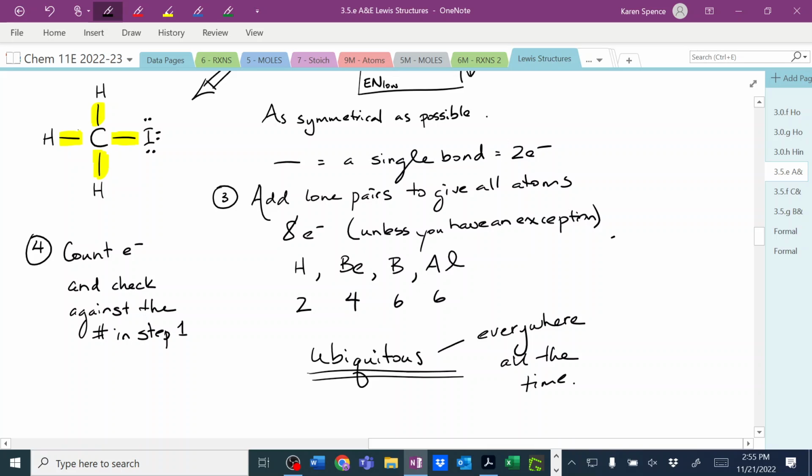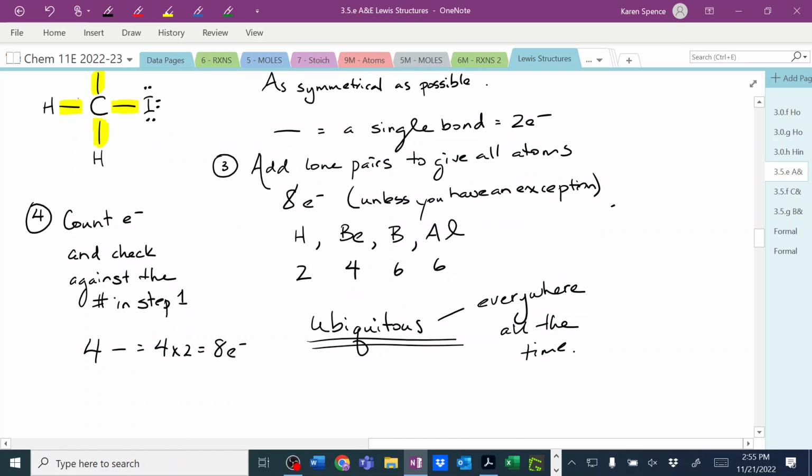Or you can write down, I have 4 lines, so that's 4 times 2, which is 8 electrons. I have 3 lone pairs, so that's 3 times 2 is 6 electrons, and that gives us 14 electrons. The only reason I would recommend doing it this way is if you have a more complicated structure and it's hard to count them, or if you're one of those people who loses track. You're like 2, 4, 6. Oh shoot, did I count those ones already? You know what I mean? That would be a reason for doing it this way.